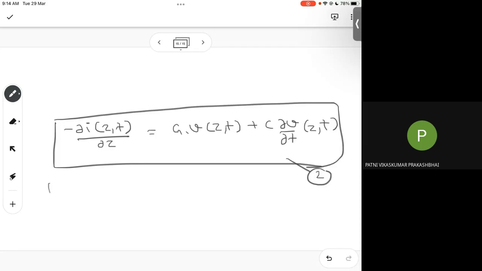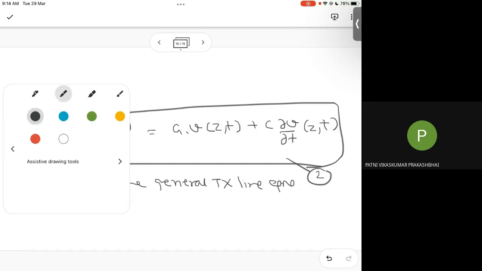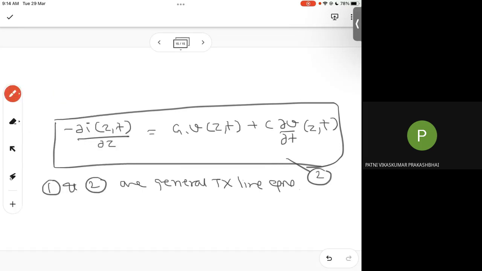So 1 and 2 are the general transmission line equations. They are very general transmission line equations. As I said, this is a very old concept, but it's still being used in whatever system we are designing. Even a system like your PCB has a line connecting one component to another component.